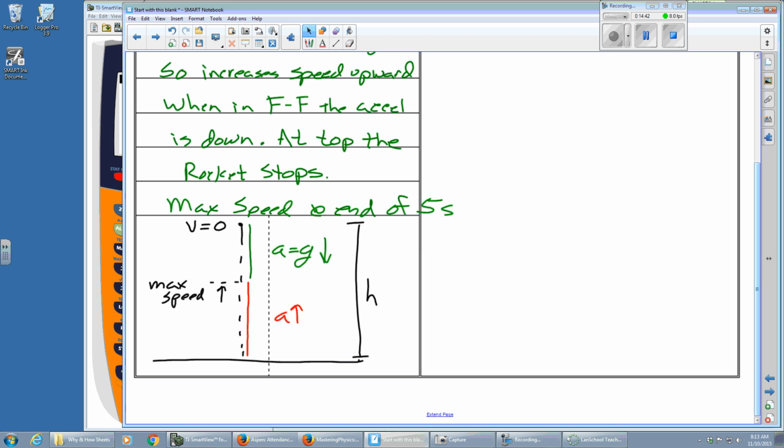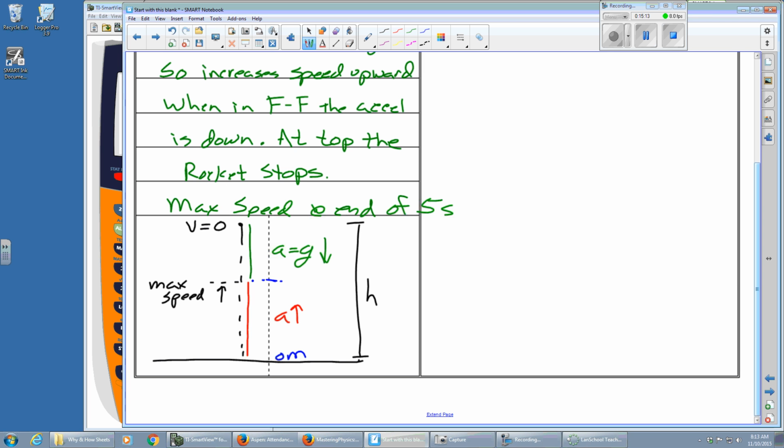I need to treat these mathematically. I'm going to treat these as separate segments, and then add them together to get my total height. So let's say height-wise here, where do you guys want to call 0 height? I'd suggest either the ground or the top. Ground, okay. So we're going to call at the ground 0 meters.